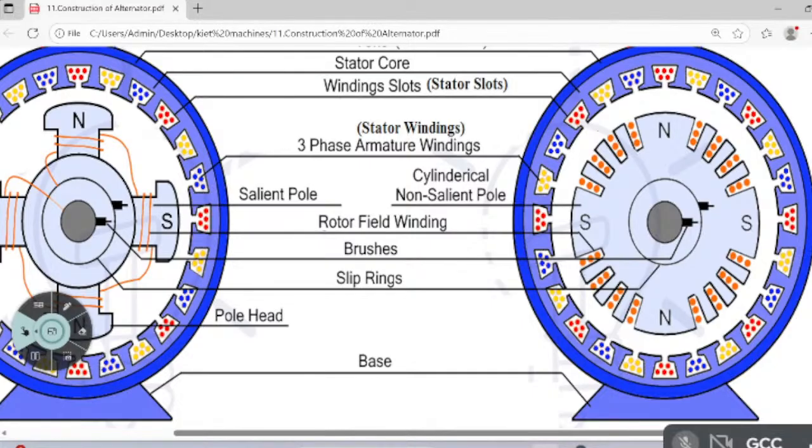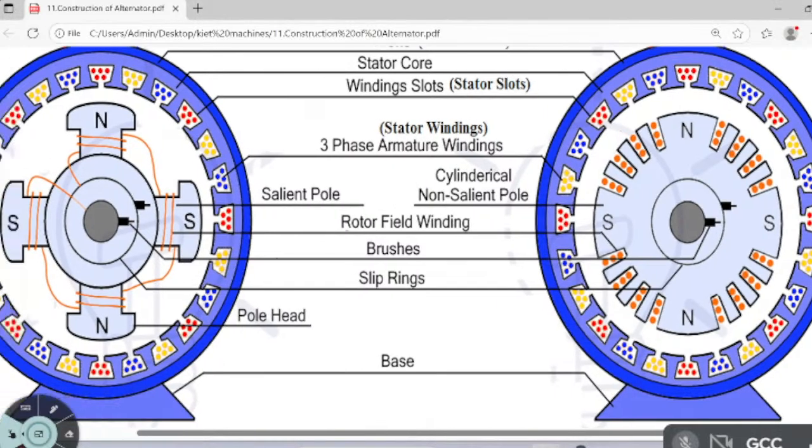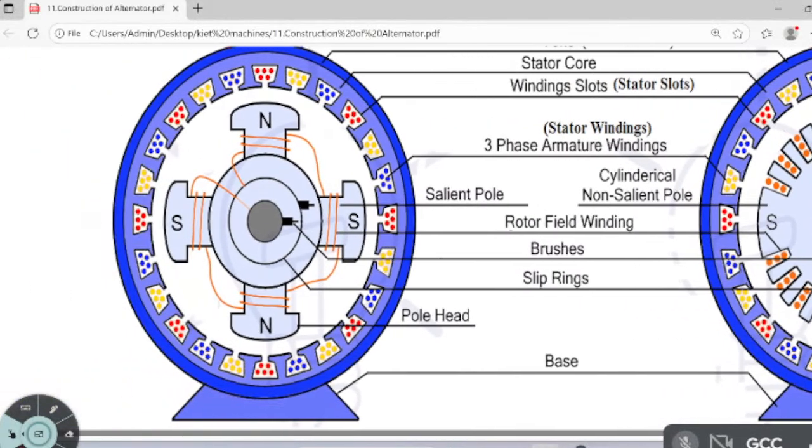This is one rotor, and this is the other rotor. When a question comes on the construction of the alternator, which one you draw is up to you, whichever is easy.